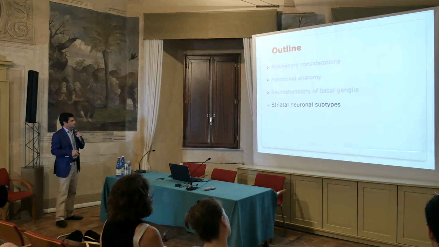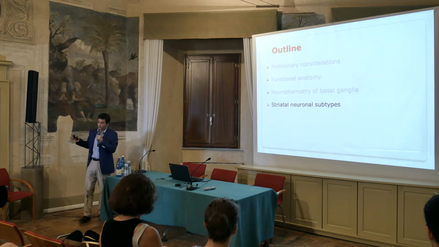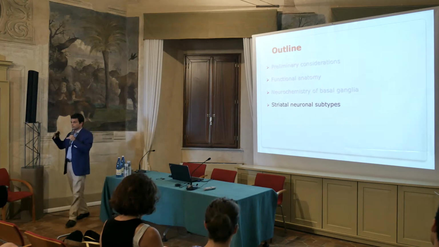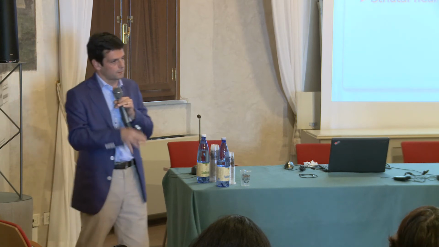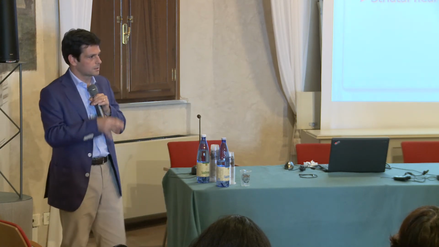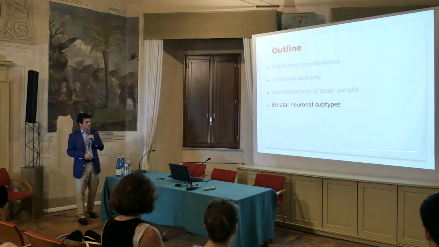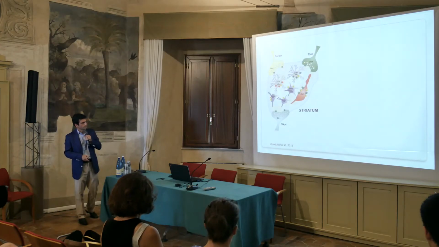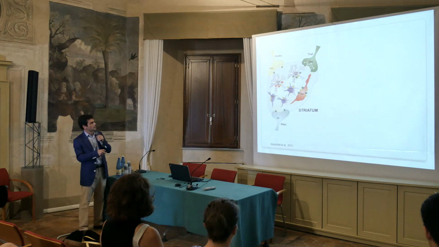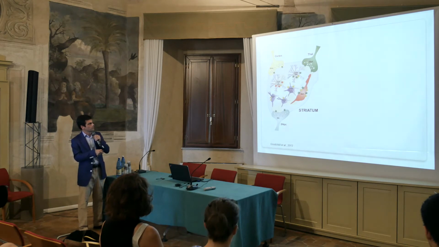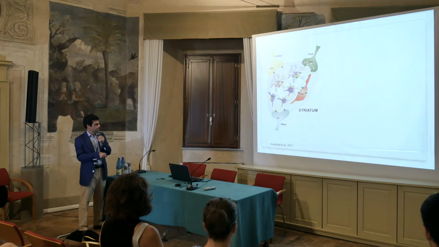So let's try to put all this into the main input station of the basal ganglia, which is represented by the striatum. So this is the striatum. You see the two glutamatergic inputs, one from thalamus and the other from cortex. And then you see the dopaminergic inputs from substantia nigra pars compacta.